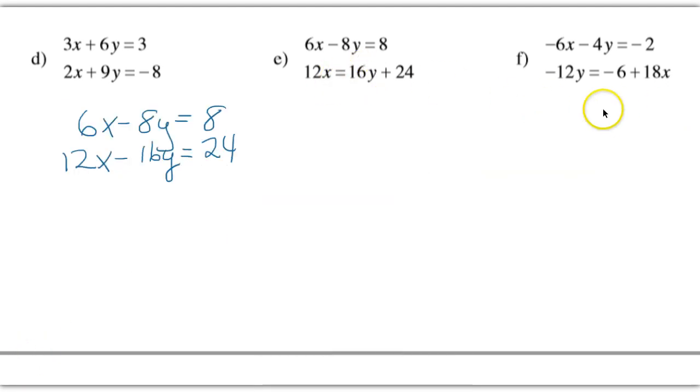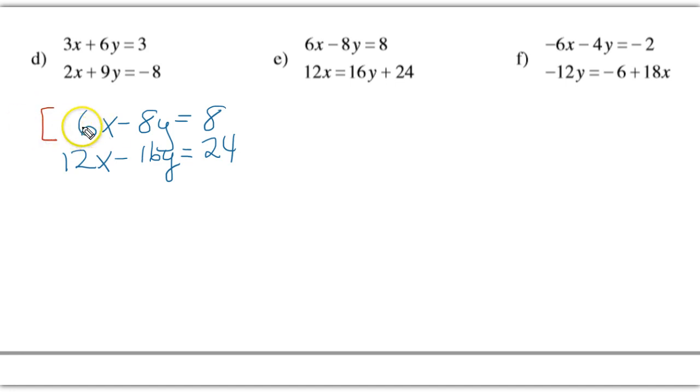So letter E here is a little challenging. Here this is in standard form. This wasn't in standard form, so I had to bring that 16y over to put it in standard form as a negative 16y equals 24. Now as we study it, we're wondering what can we do to get one of these to cancel.